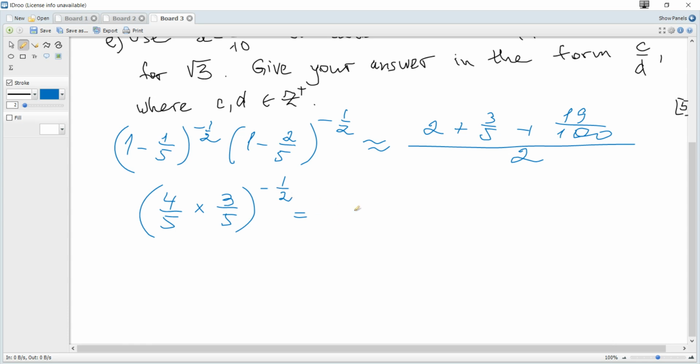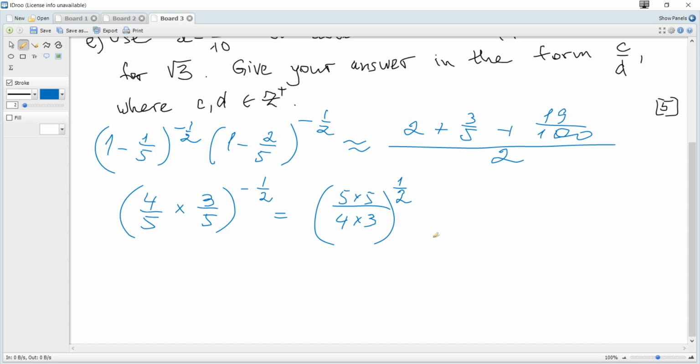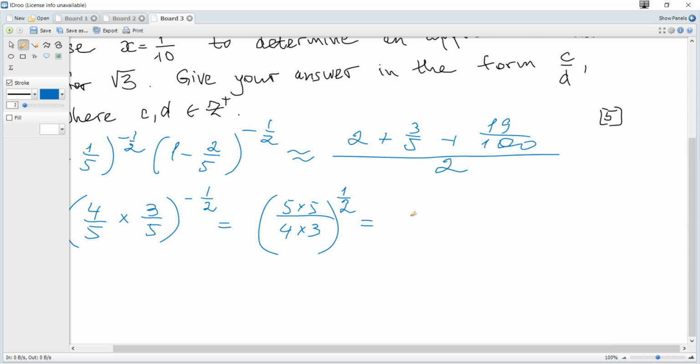Why? Because with a negative power it's flipped, so it's 5 times 5 over 4 times 3, to the power of a half plus a half. It's square root actually, so it's 5 over 2 root 3, and it is equal approximately, and we need to simplify this.